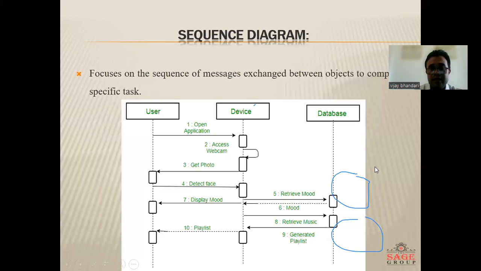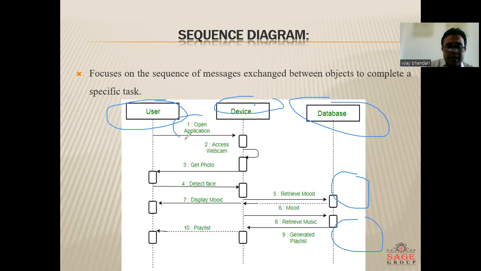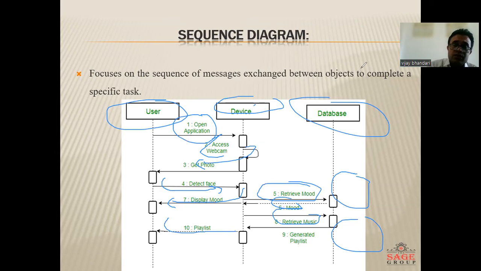So let's go to the next slide, the sequence diagram. It focuses on the sequence of messages exchanged between objects to complete a specific task. Here we have the user, device, and data. First the user opens the application and accesses the web, then it gets the shows, displays the modes, and goes to the playlist. There are different kinds of events. After this, you can see it displaying modes, retrieving the music and related items in parallel. So this is in a sequence. Here you can see an example of user, device, and data.